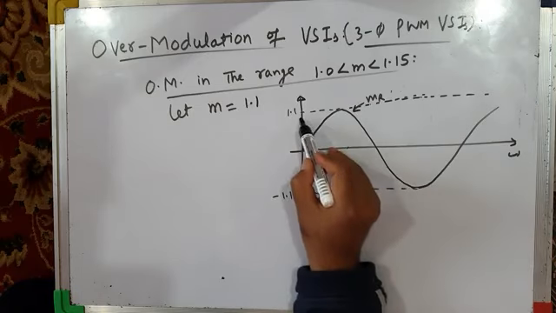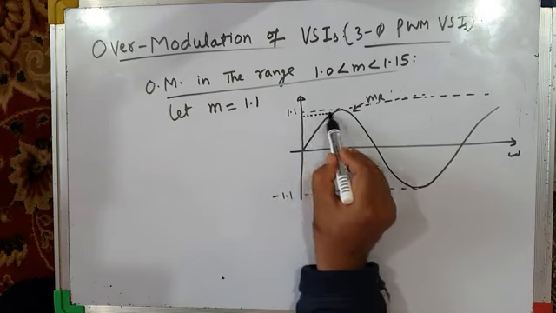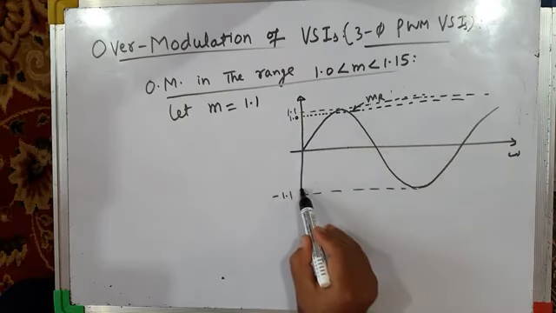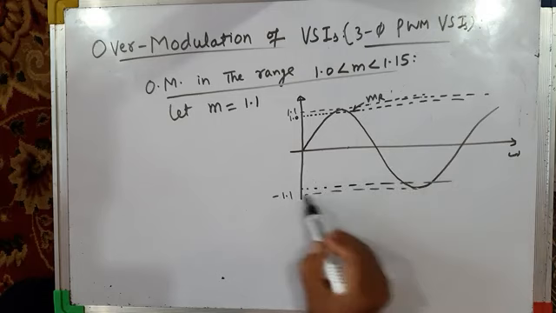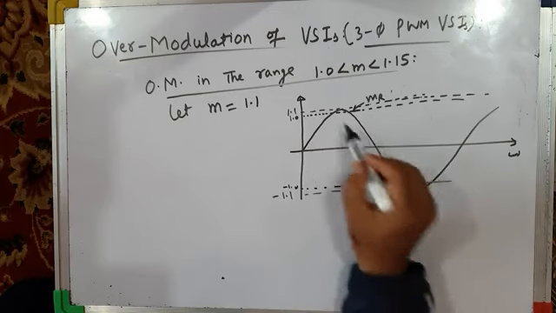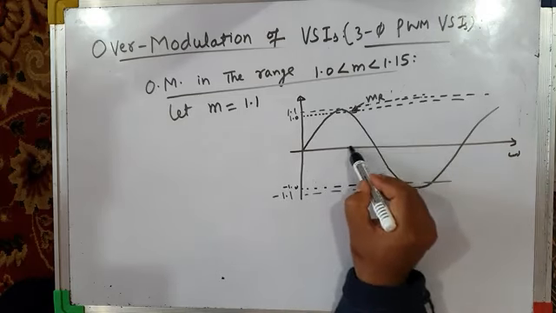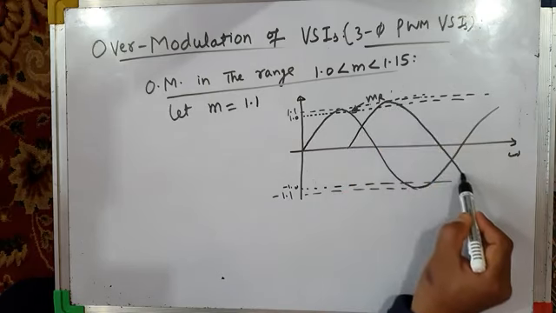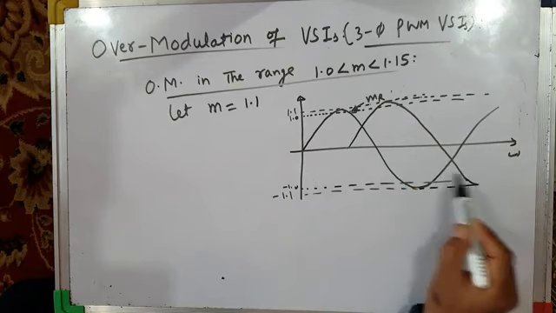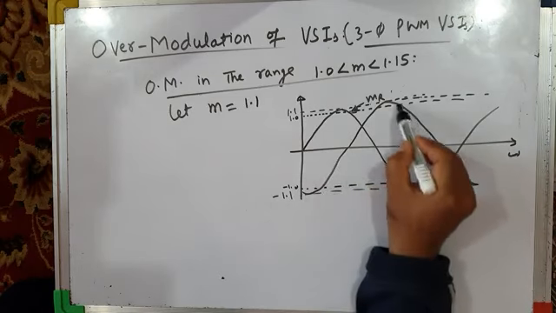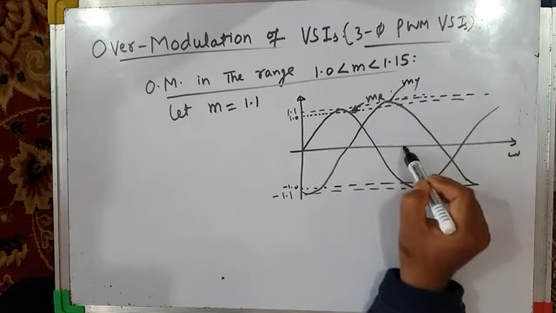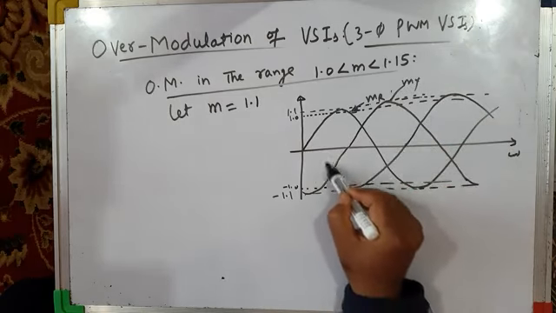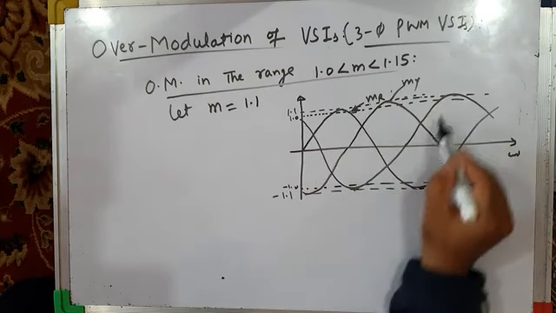Negative peak is also 1.1. And this is your 1.0, the peak of carrier wave, minus 1.0. This is MR. Similarly, we have MY. This is modulating wave MY, and we have third sinusoidal modulating wave MB.